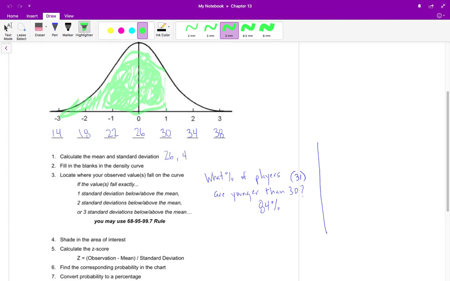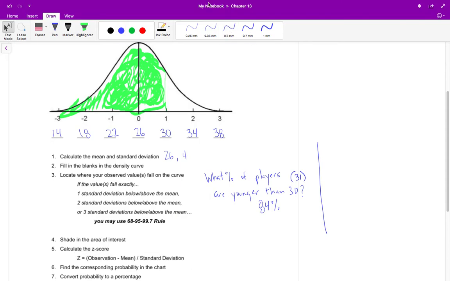All the way over. And I know it's already 84%, but how do I use a z-score? Well, the z-score has the following formula down here, and this is very important to know. The observation minus the mean divided by the standard deviation gets me my z-score.